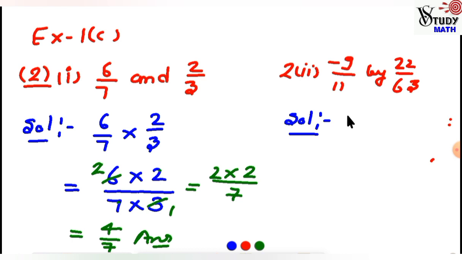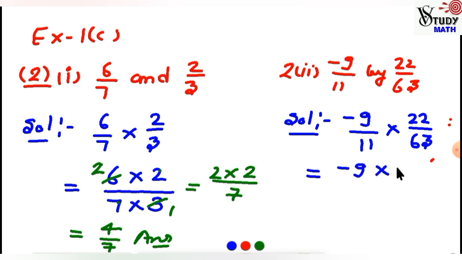Step by step strategy is that first we write the first rational number, then apply the multiply sign, then we write the second rational number. Now the second step we are going to apply here. The second step says that numerator will multiply numerator and denominator will multiply denominator. So now we have to cancel out the common factor.